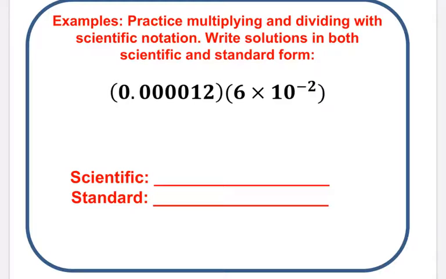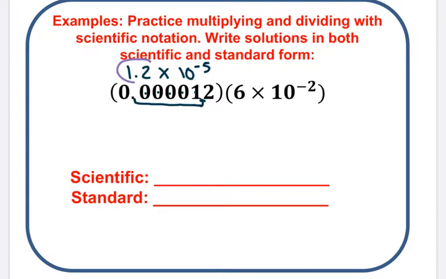Okay, so let's rewrite this one into scientific notation. So I'm going to get 1 and 2/10 times 10. 1, 2, 3, 4, 5. It's going to be a -5 because that's a small number. This is multiplication, so let's rewrite it.